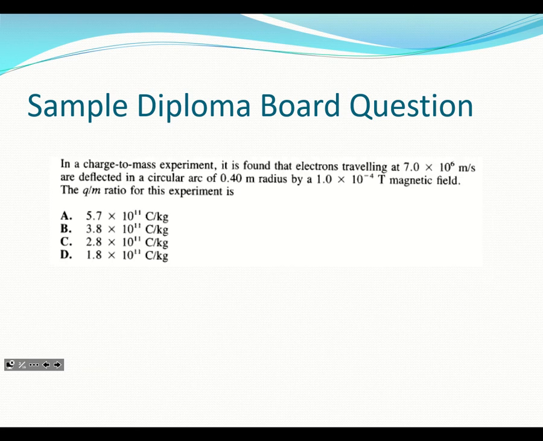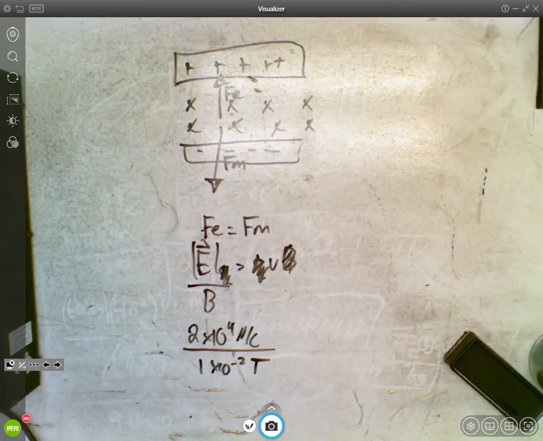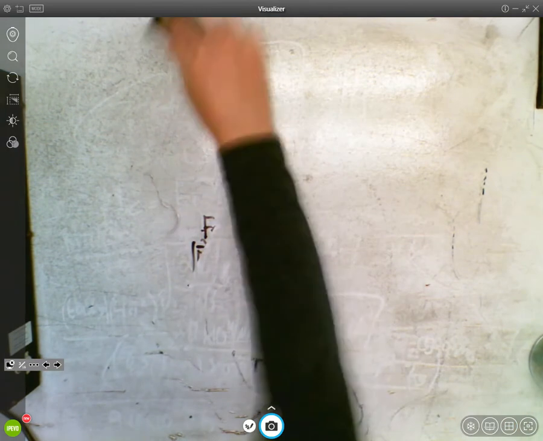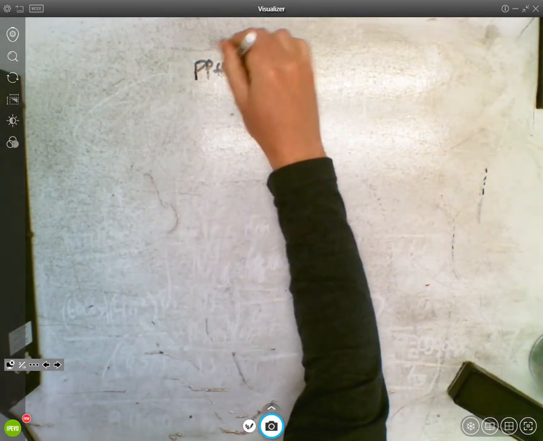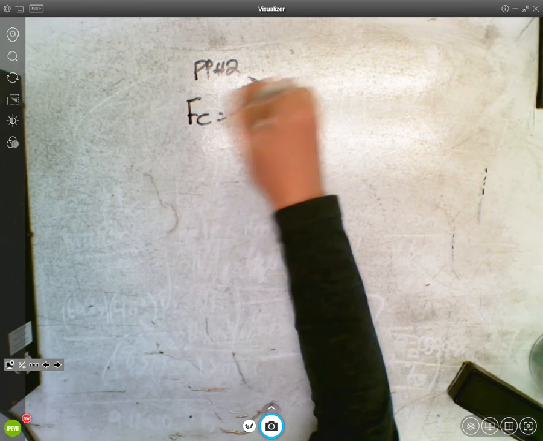Okay, in a charge to mass experiment, it's found that electrons traveling at that speed are deflected in a circular path. We want to find the charge to mass ratio for the experiment. If they go in a circular path, that lets us know that we're using physics principle number 2. What makes it move in a circle?